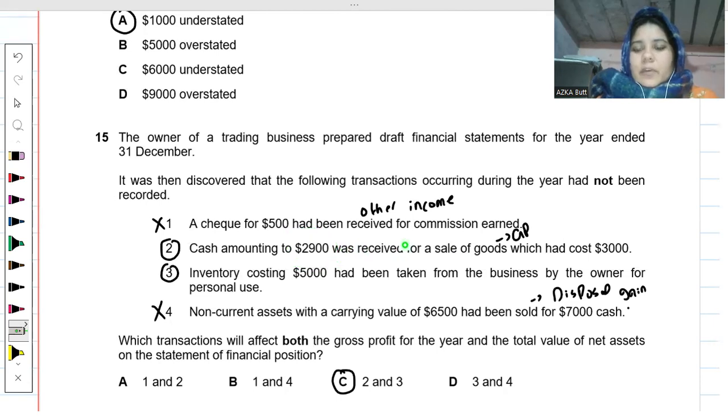Net assets means your current assets and non-current assets minus liabilities. So this is basically our current asset. That is why it would affect the GP and your net assets also.